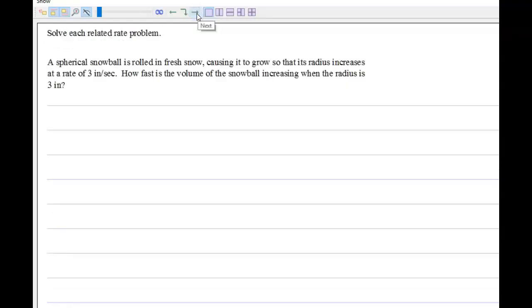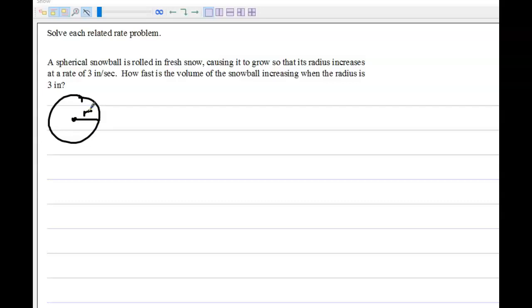All right, let the fun begin. We're going to talk about some related rates here. A spherical snowball is rolled in fresh snow, causing it to grow so that its radius increases at a rate of 3 inches per second. How fast is the volume of the snowball increasing when the radius is 3 inches?